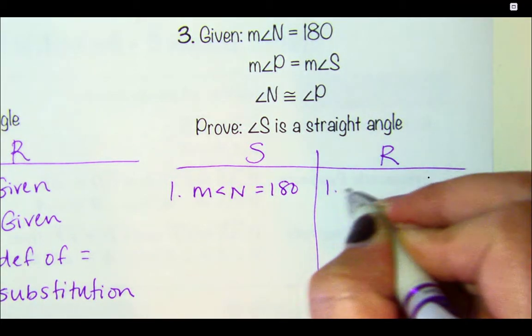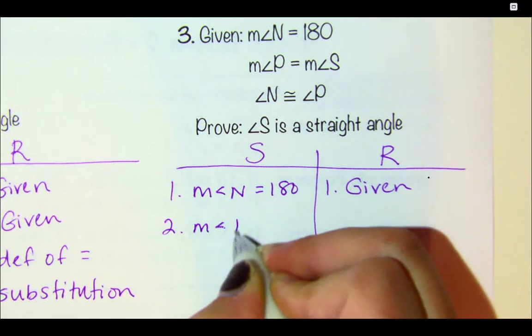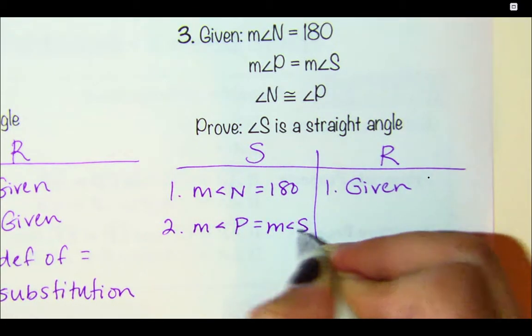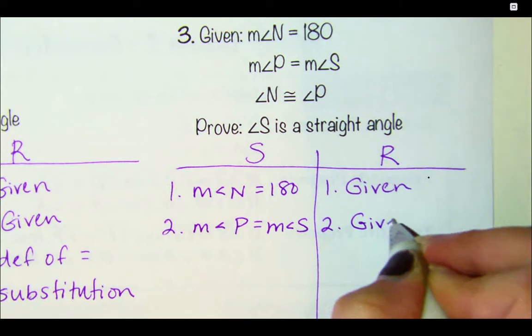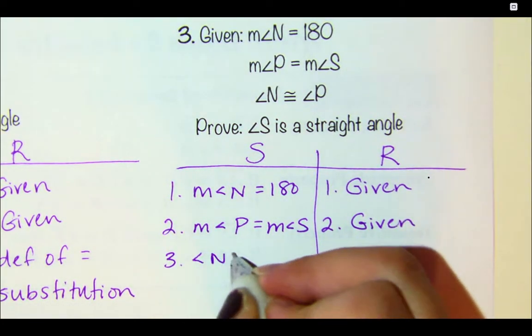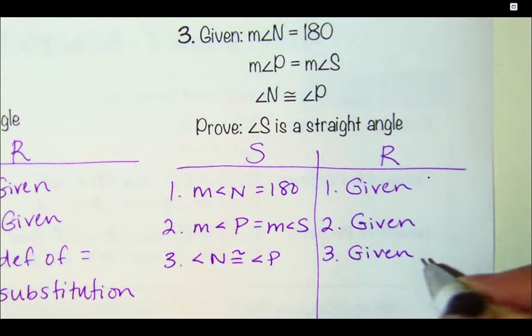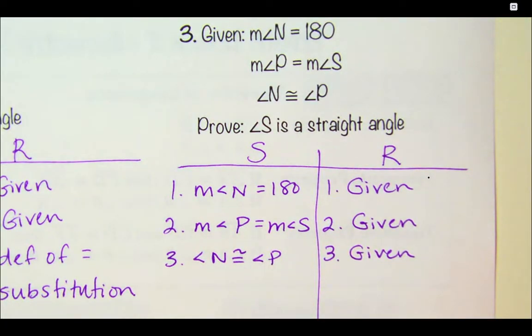Givens first. So right before we prove that S is a straight angle, what do you think we're going to have to say about it?